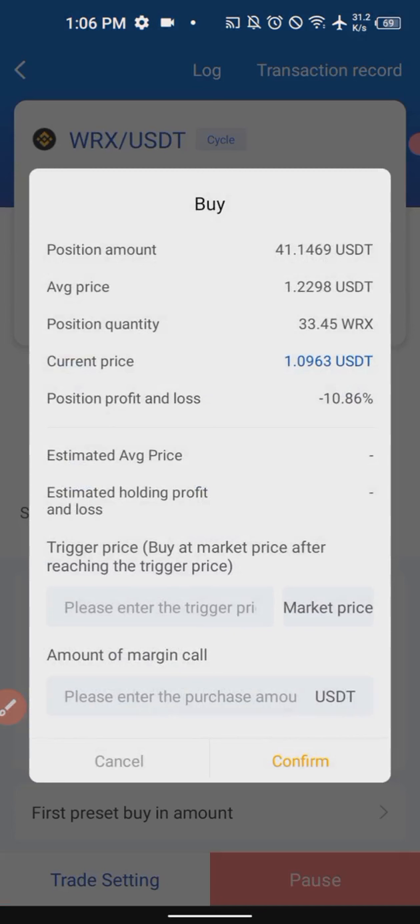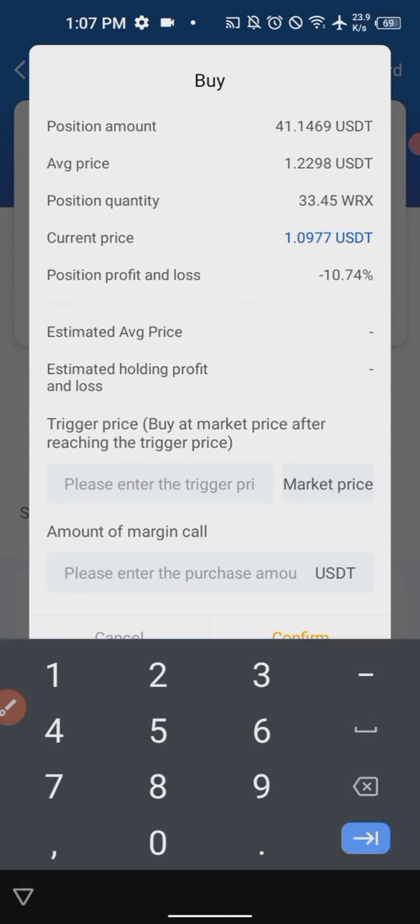So buy means you would want to manually, let's say you have USD, I sell like 253 USDT, and I'm like, okay, this coin at this present price now, though it is not what I have programmed, I just want to buy and hold this particular coin at this present price. So what happens is I come here, I put the price. What price do I want it to buy?